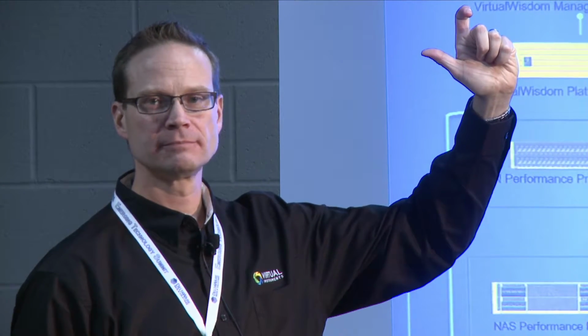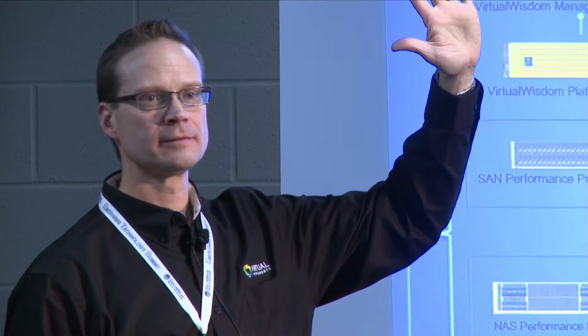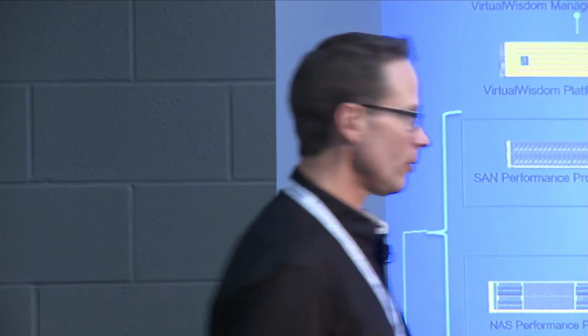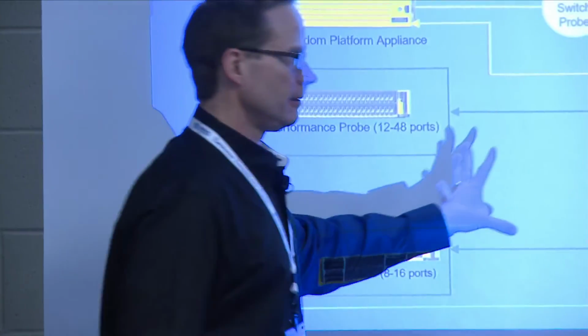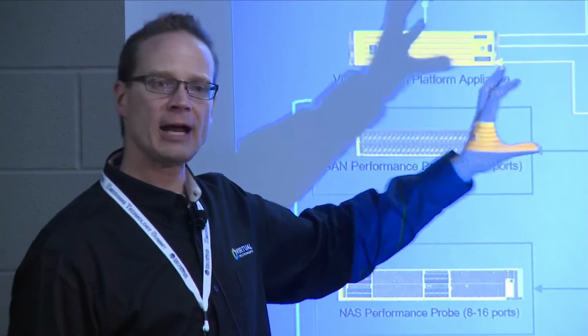Who knows exactly what apps run on every server, every VM? I'm still waiting. And if you do, tomorrow somebody's going to change it, and guess what? Your spreadsheet's wrong. So that's one of the biggest things people are hitting us with. They're like, man, I want to relate to our application people, but I can't.